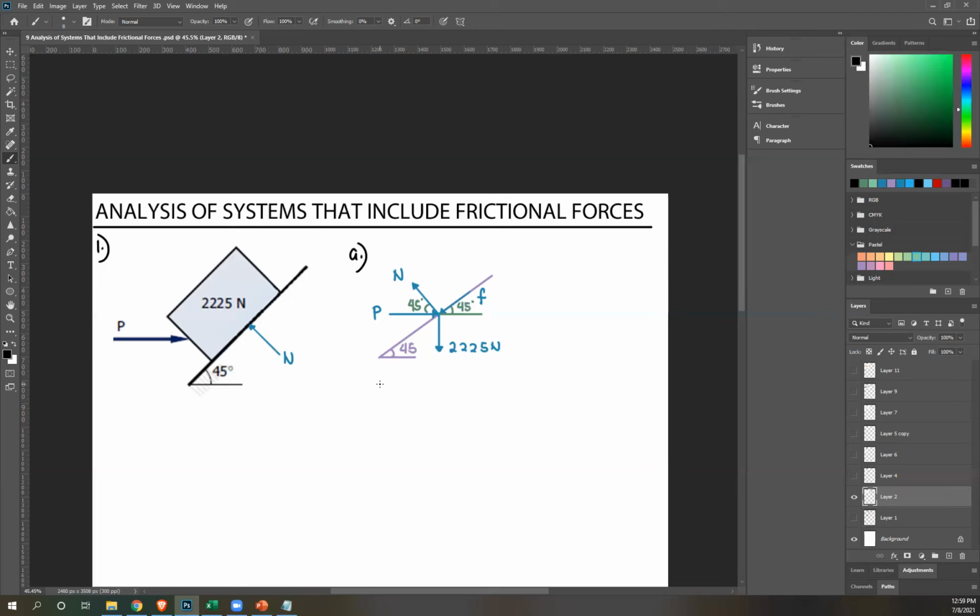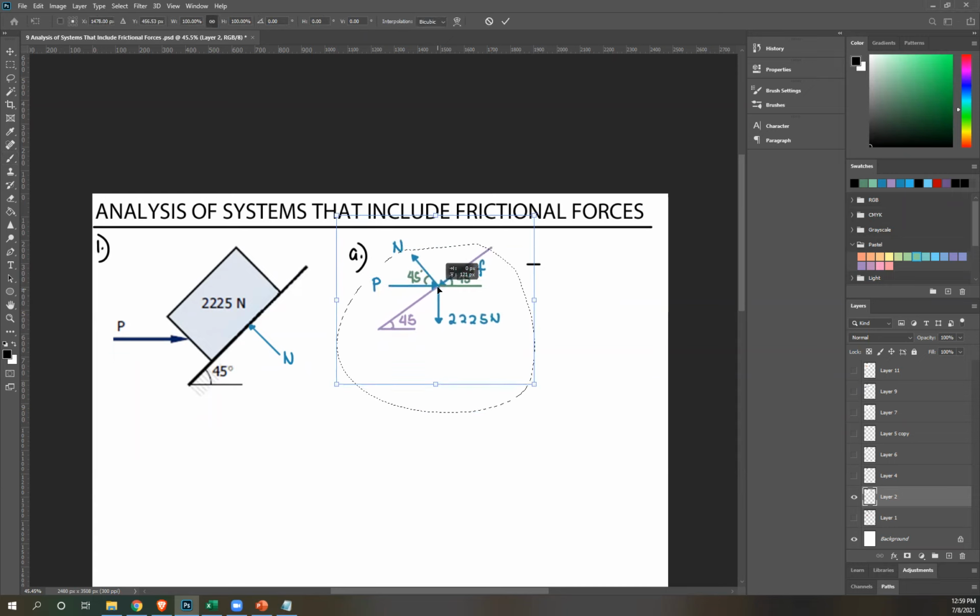So the goal is to solve for P, but there's a lot of unknowns here. So instead of starting with summation of forces X, where P is, let's start with summation of forces Y. Summation of forces y equals 0.